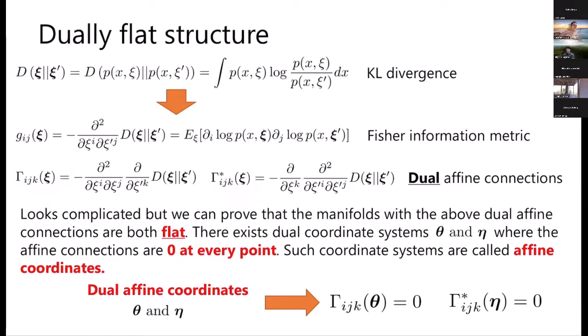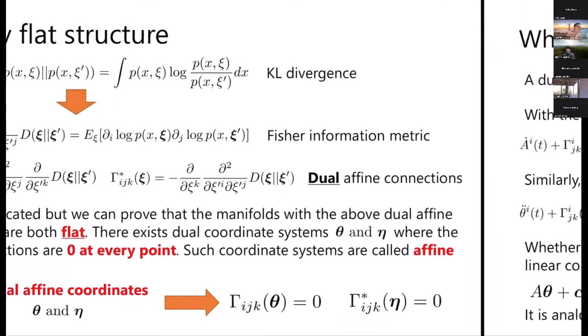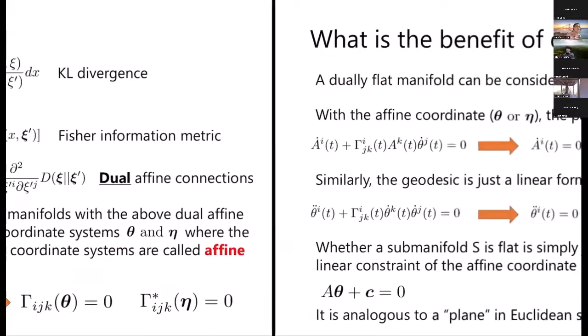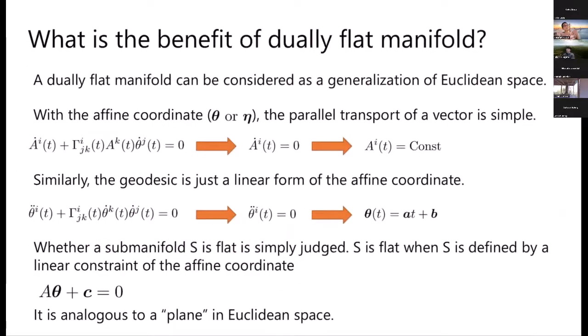Such coordinate systems are called affine coordinates. So we introduced very complicated things, but if you stick to this dual flat structure, then things get much simpler. If we use dual affine coordinates, then we don't need to care about the connection. It's similar to Euclidean space. Of course, it's a bit different, but we can use our intuition.